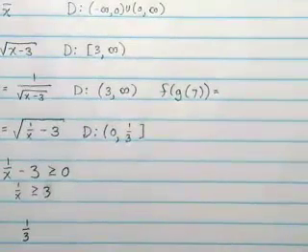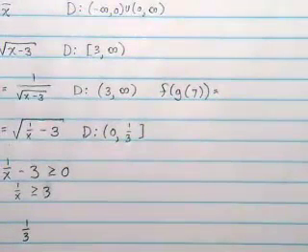So can you evaluate a composition? 2 ways to do it. g of 7, I could go back to my original g of x equation, plug in a 7, and then take the result of that and plug it into f. Or I can take my new formula I just came up with and just plug it in there and go, which is usually how I do it because it tends to be simpler.